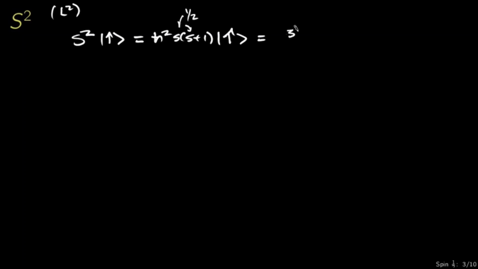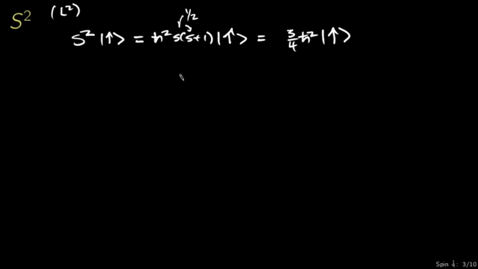S squared, our counterpart for L squared, acting on the spin up case, is going to give us our eigenvalue, ħ² s(s+1), and this is an eigenstate of S squared by construction. S in this case is 1/2, and if you plug this in, you find this is equal to 3/4 ħ².